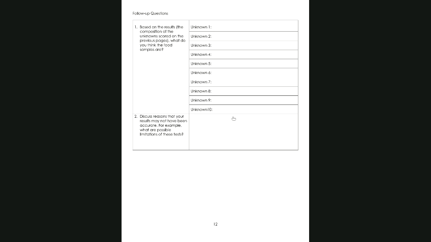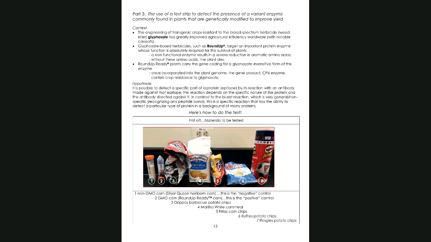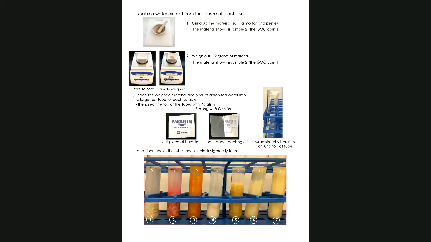And then last but not least, you have a reaction for the testing of GMO, and we're going to look at what has a GMO in it. There's an experiment that Larry does where he shows you how to do this, and then you use this.